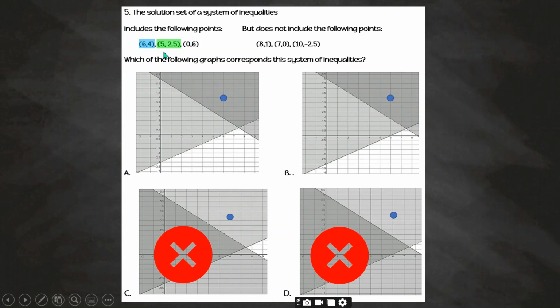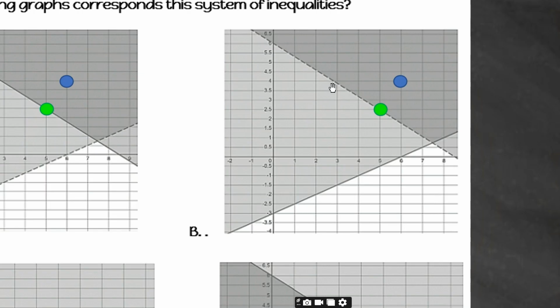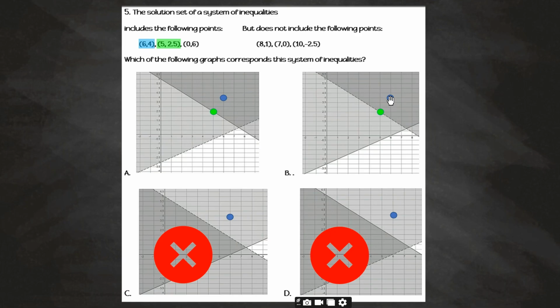Now I'm going to look at 5, 2.5. So here that point falls on a dashed line that is next to the darkest region.